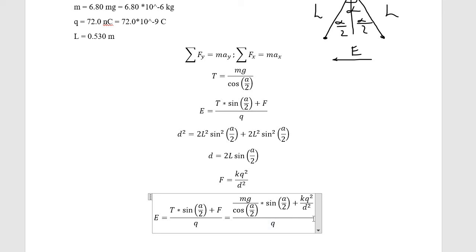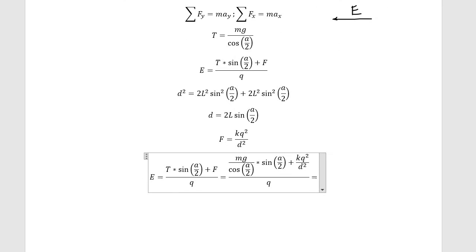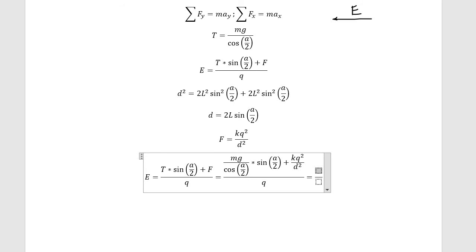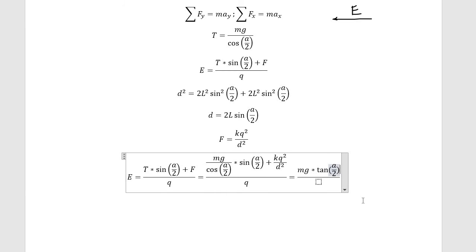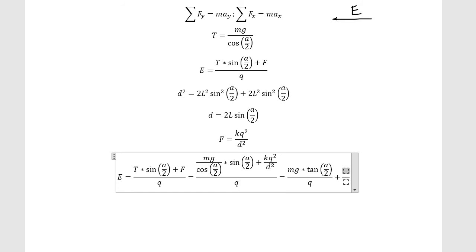And that will be equal to mg multiplied by tangent of alpha over 2, because we have cosine and sine, so sine goes to the numerator and cosine to the denominator, so sine over cosine is tangent of alpha over 2, and over q as well, plus kq over d that we have here.